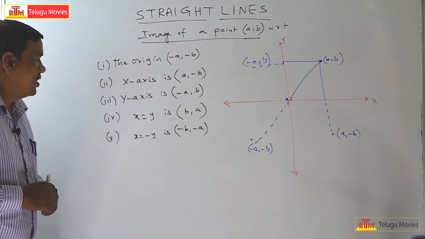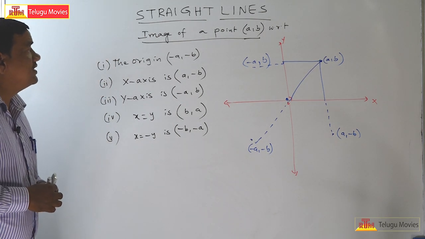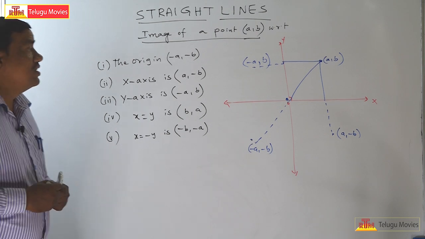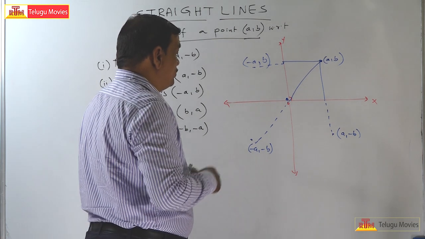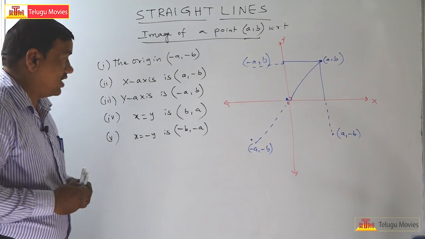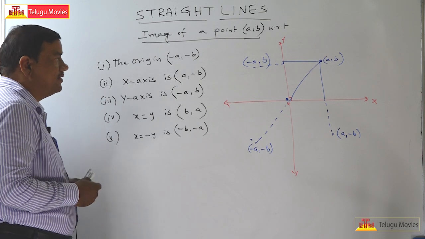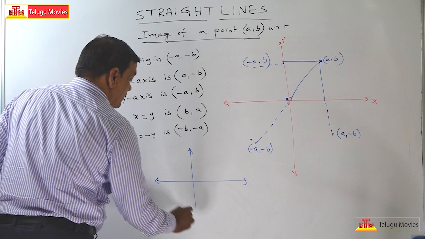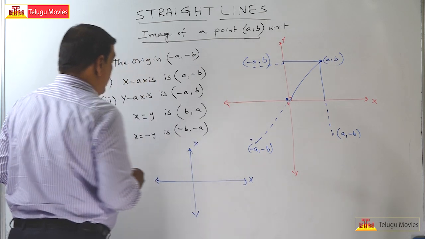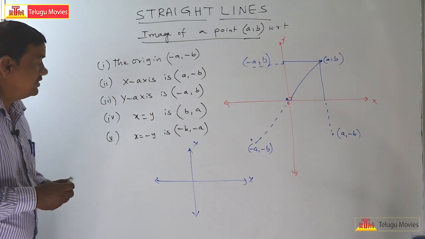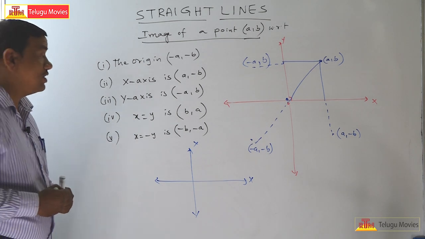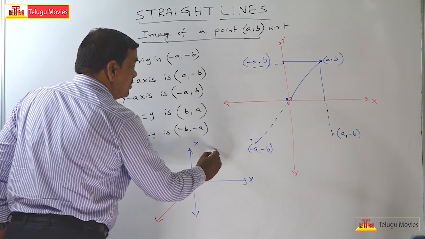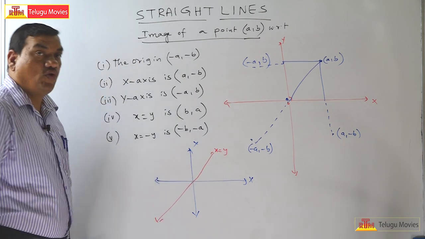Now the image of the point a comma b with respect to the line x equals y. For this I will draw another graph, which will be very easy to understand. So this is the x-axis and y-axis. We know that x equals y is a line passing through the origin and lies in the first and third quadrants.